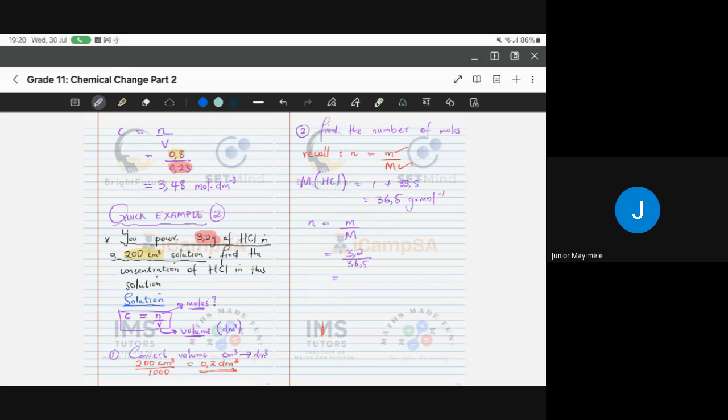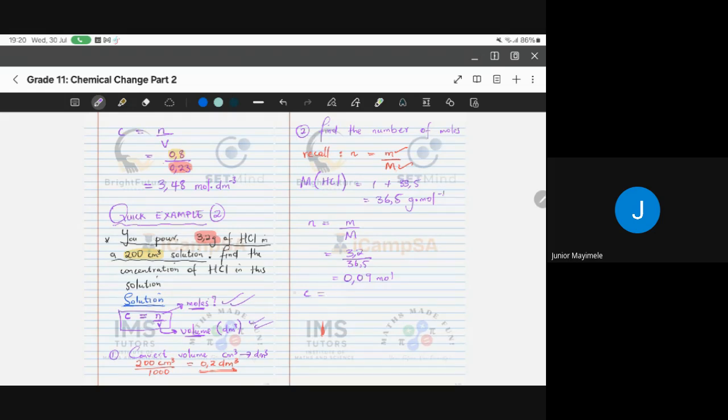Our moles should be 3.2 over 36.5, which should be 0.08, actually, we have to round off, 0.09 mole. Now we have our moles, we have our volume. Now we can find the concentration.